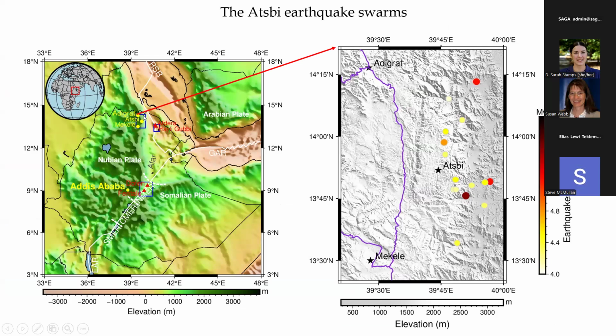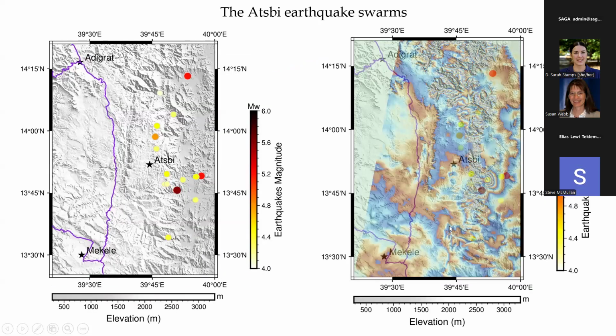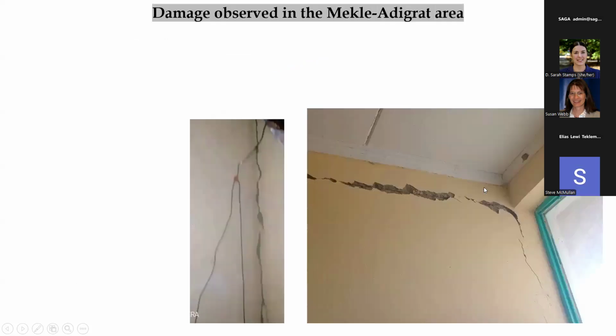margin, around Adigrat area. You can see the distribution of earthquakes here in this area. It was very near to Mekelle, and this has also caused a lot of panic to people dwelling in Mekelle. Later, we observed that there was also some sort of deformation in this area, but unlike the Fantale one, many houses in towns, as you can see here, their walls were cracked.